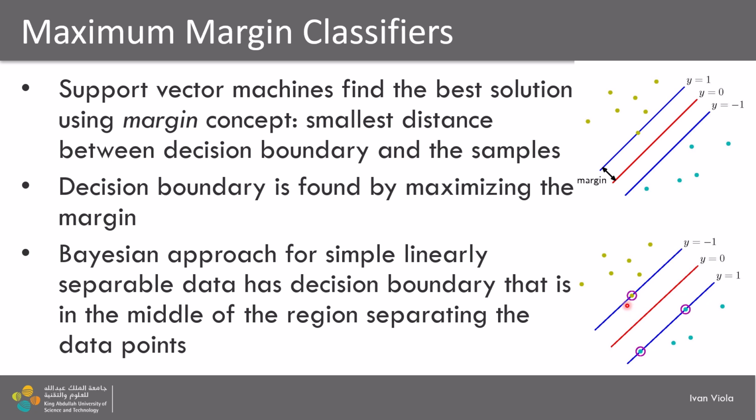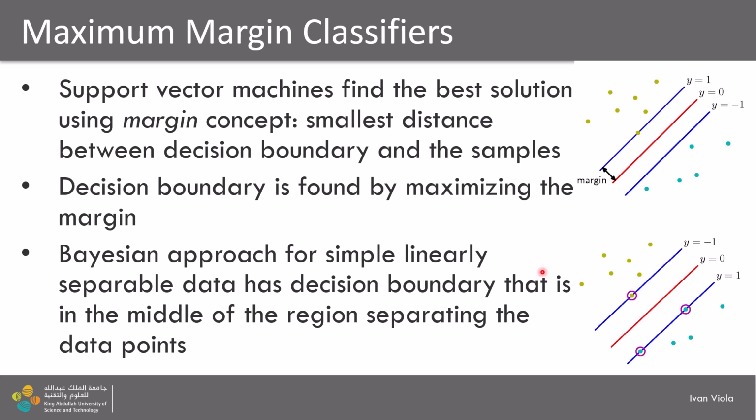We cannot go further in this case, because then we would be moving the decision boundary such that we make the margin smaller on one side or the other. So it's perfectly in the middle, maximizing the margin from more than just one point.